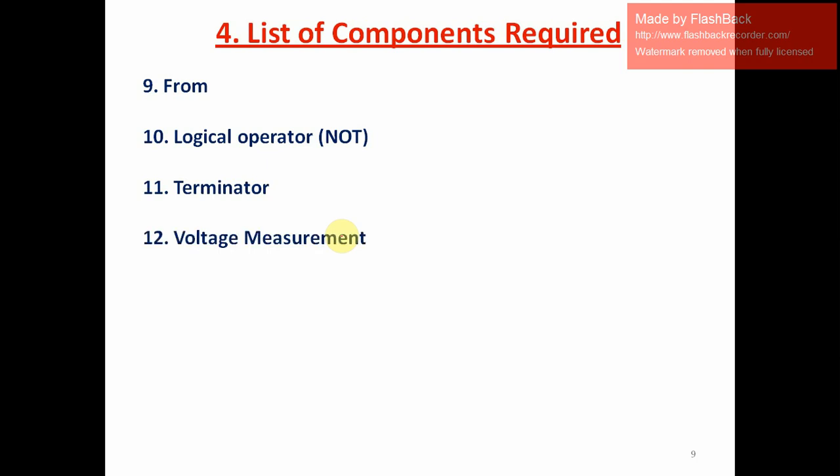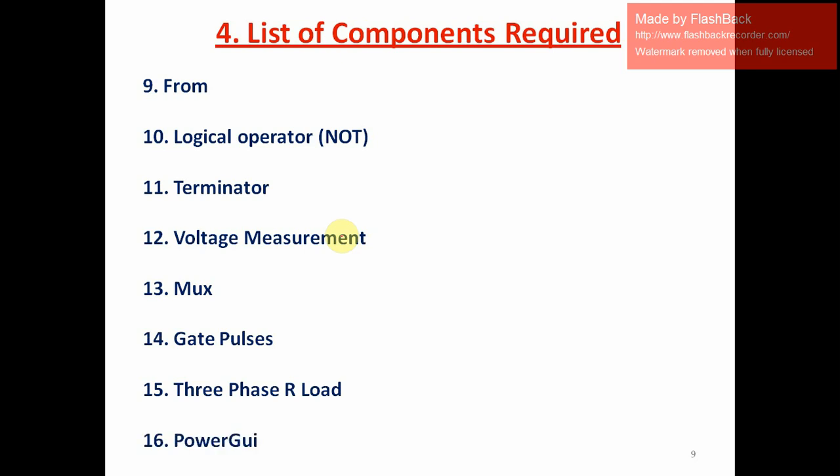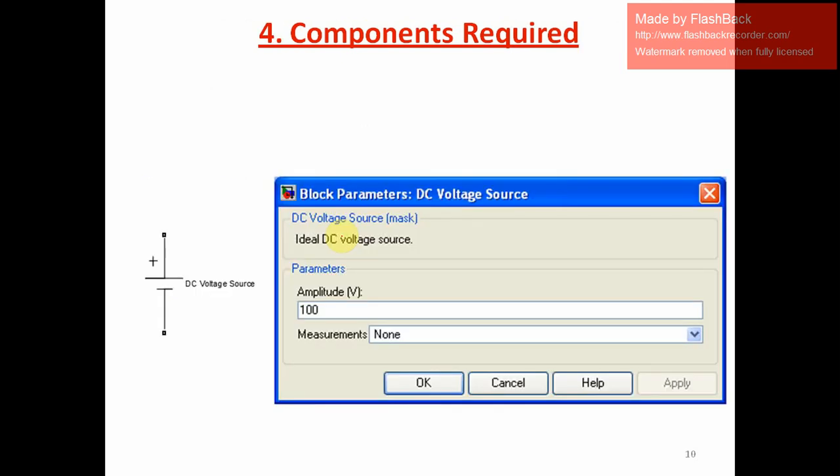All these blocks are shown in the Simulink model. Then we need a mux, and gate pulses. Gate pulses are created from the sinusoidal waveform and triangular waveform. Then we need the three phase R load, and the power GUI to get the FFT analysis also.